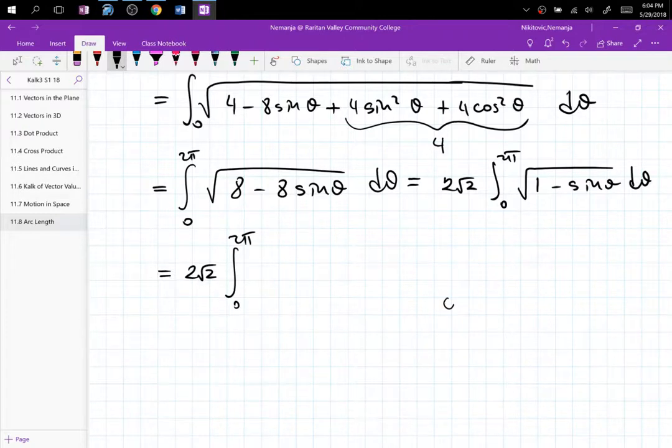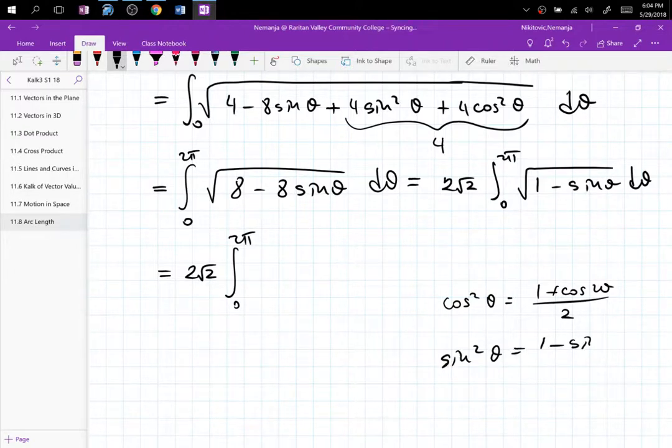We have cosine squared theta is 1 plus cosine 2 theta over 2, and sine squared theta is 1 minus cosine 2 theta over 2. So it doesn't work, because if this was a cosine, then we would use it.